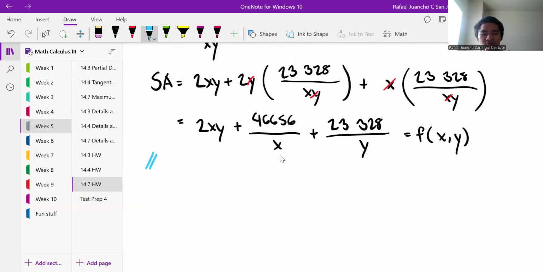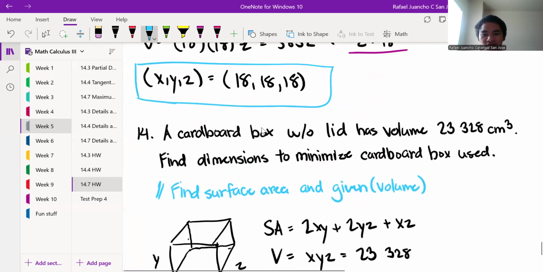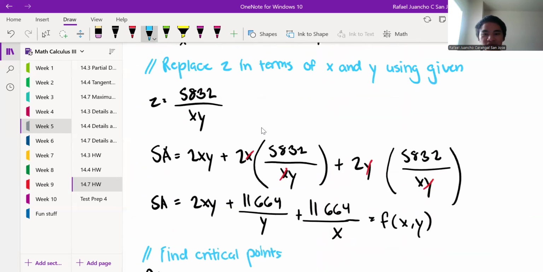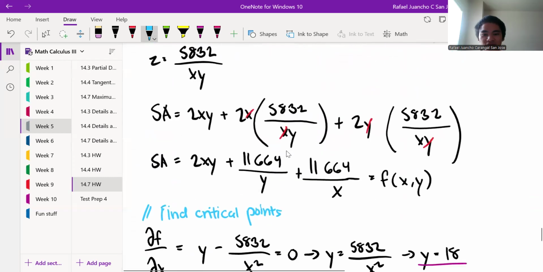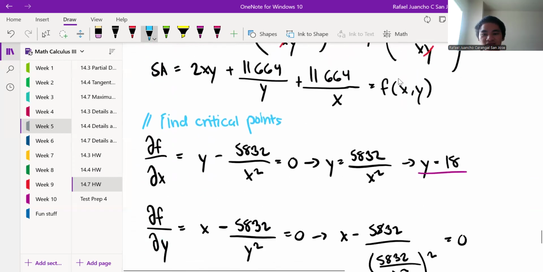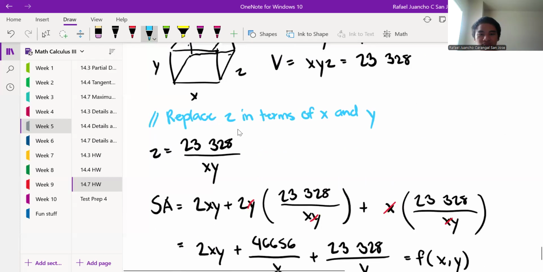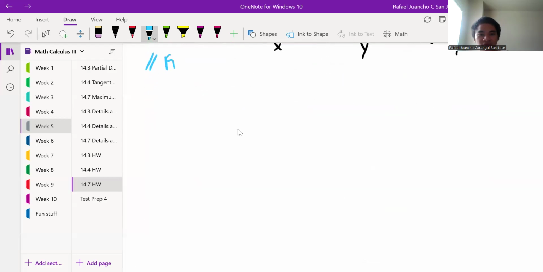Then what's the next thing I want to do? I want to find the critical points. It's the same problem, right? We want to replace z, plug it into the surface area, get a function of two variables, find the critical points. And so what are the critical points?